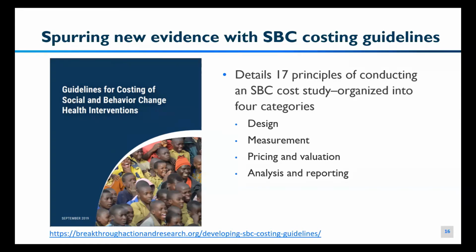There are 17 different principles organized into 4 different categories, and these follow the GHCC global health costing guidelines. And again, I encourage you, the link is down below, to explore those. They're very clearly written and I think very helpful.